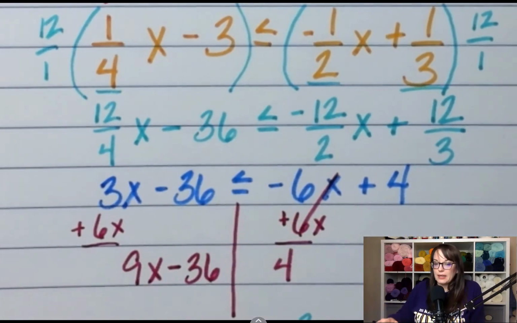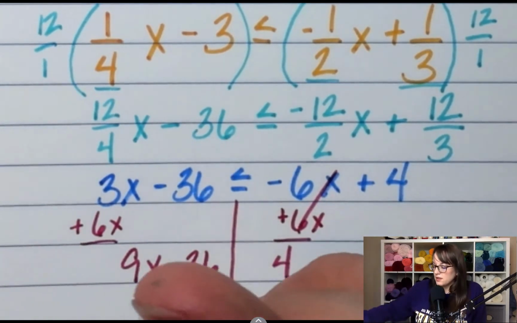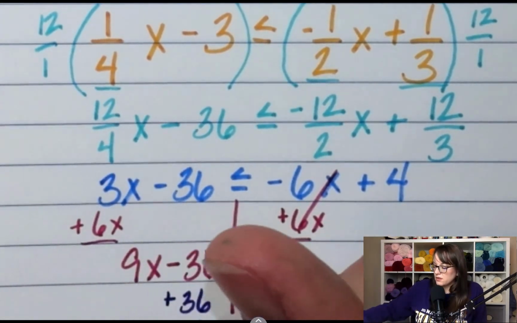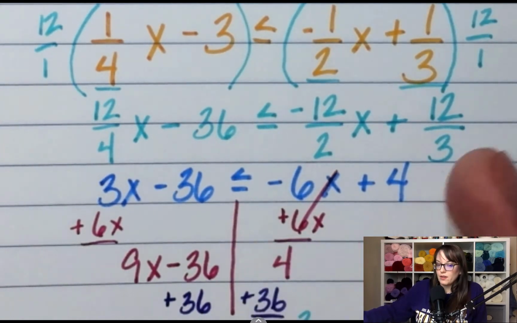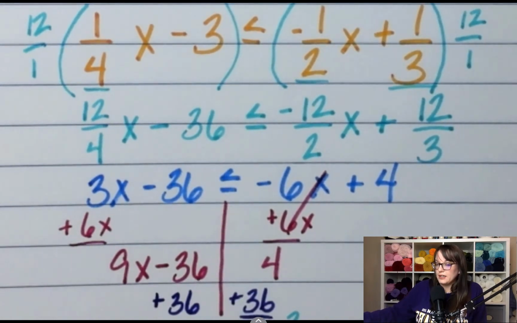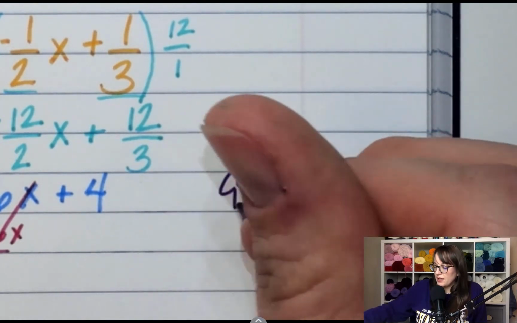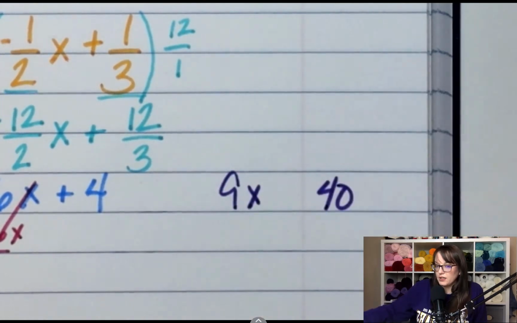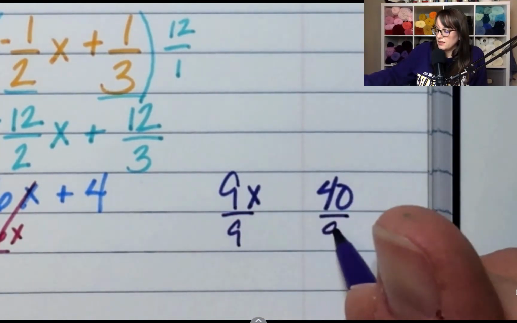Now from here, I'm going to add 36 to both sides, which leaves me with 9x and 40. I'm out of space, so I'm going to move over here. So I end up with 9x and 40. And then lastly, divide by 9, divide by 9.